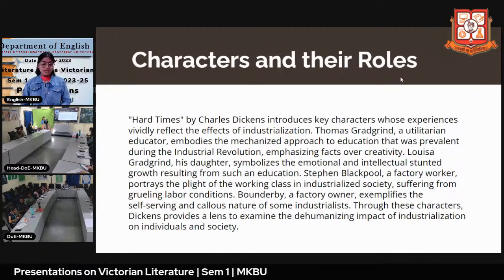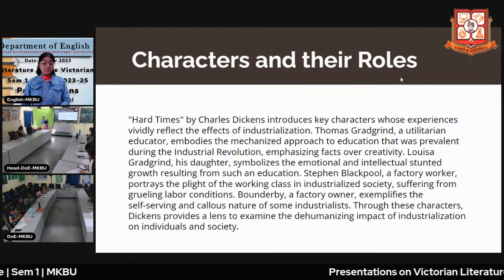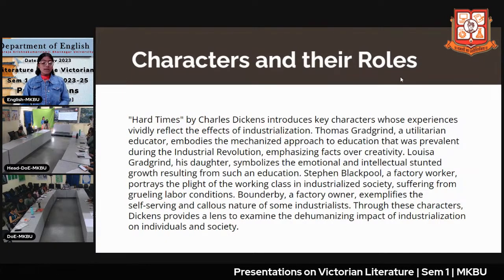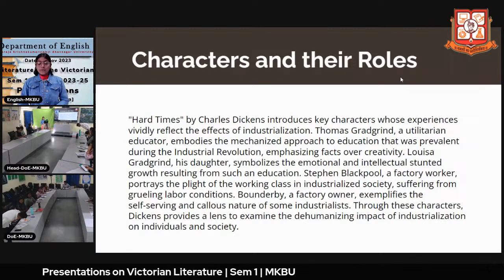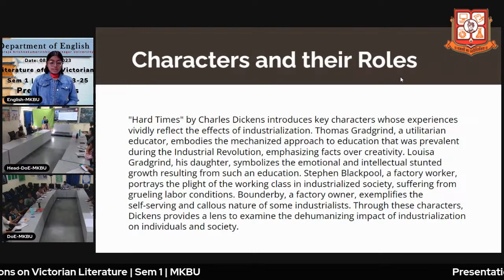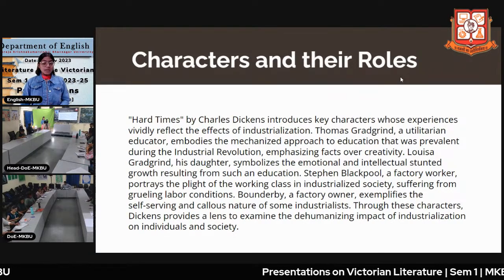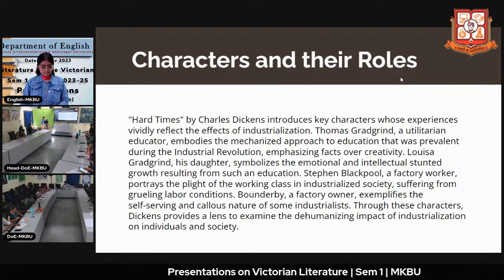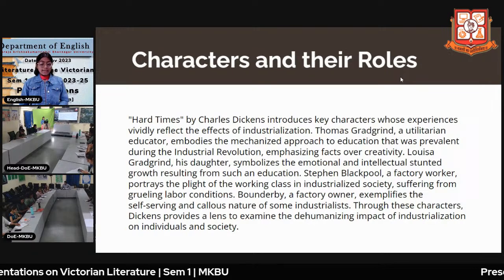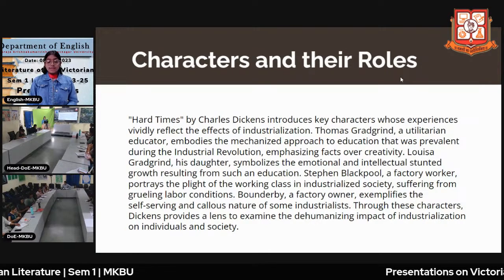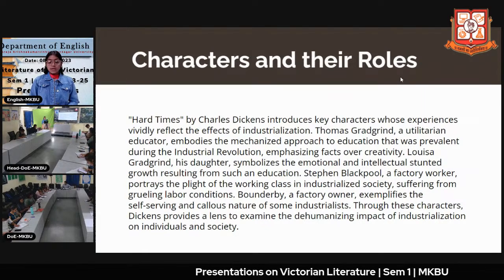Characters and their roles. Hard Times by Charles Dickens introduced key characters whose experiences vividly reflect the effect of industrialization. Thomas Gradgrind, a utilitarian educator, embodies the mechanized approach to education that was prevalent during the Industrial Revolution, emphasizing facts over creativity. Louisa Gradgrind, his daughter, symbolizes the emotional and intellectual stunted growth resulting from such an education.